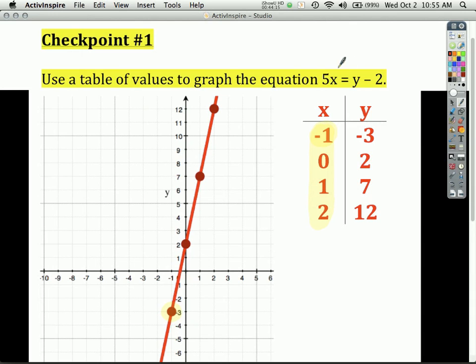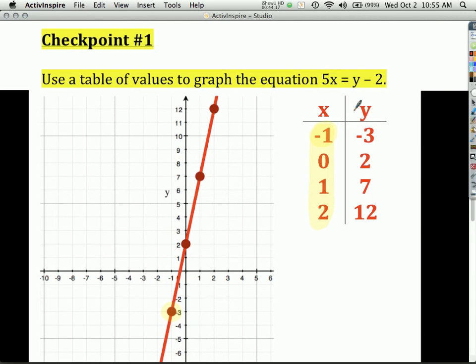So could someone tell us what does this become in function form? Jada? y equals 5x plus 2. Is that what you had? I put -5. Okay.